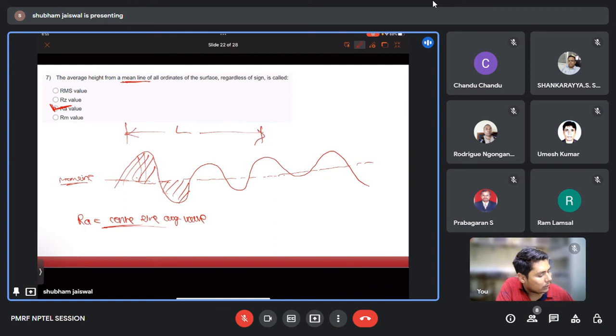Suppose this is A1, A2, A3, A4, so RA will be A1 plus A2 plus A3 plus A4 divided by L. So in case of the RA value or center line average value, we consider a mean line and we take the average height regardless of its sign. So moving to our next question.